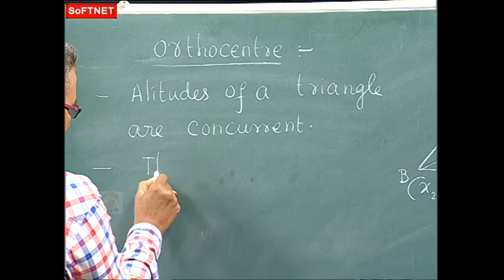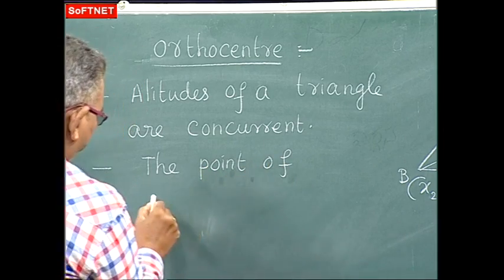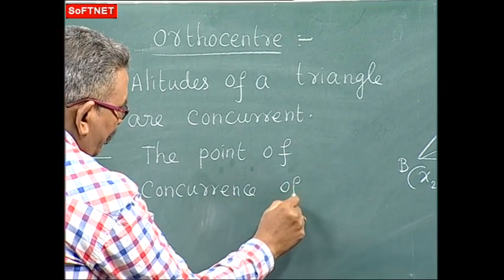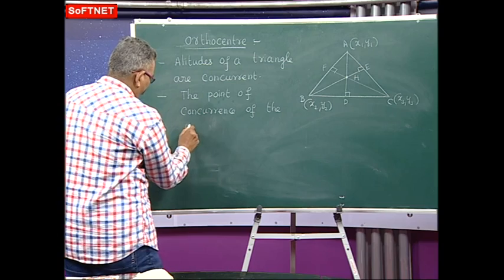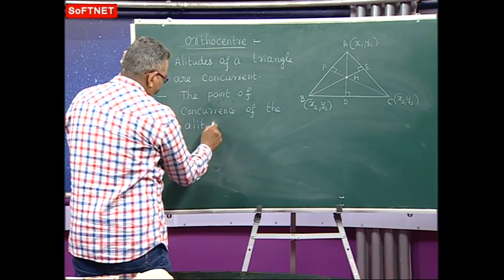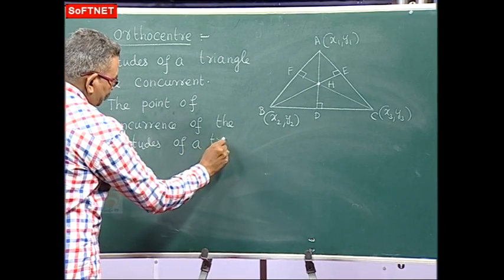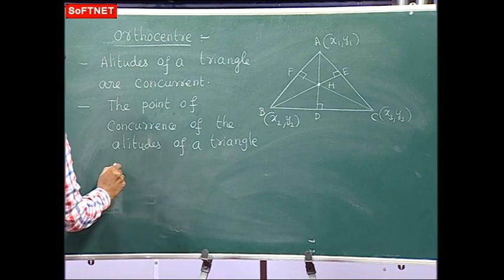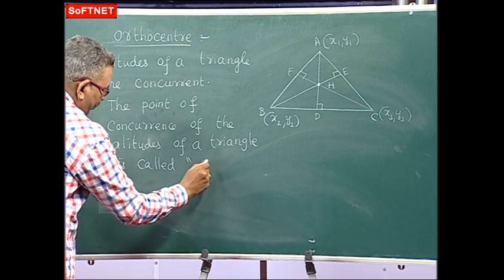The point of concurrence of the altitudes of a triangle is called orthocenter.